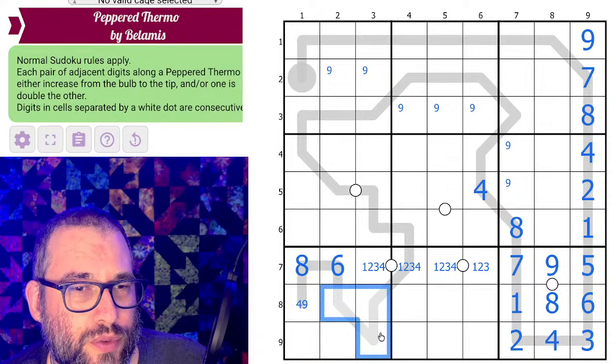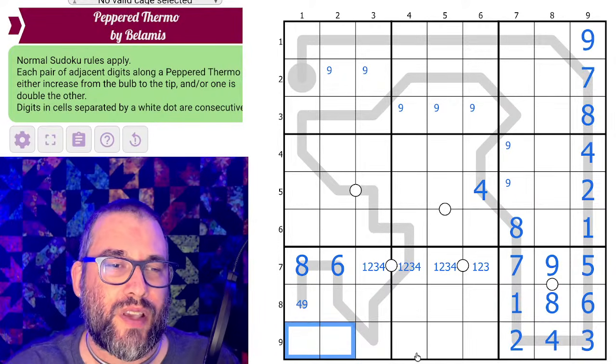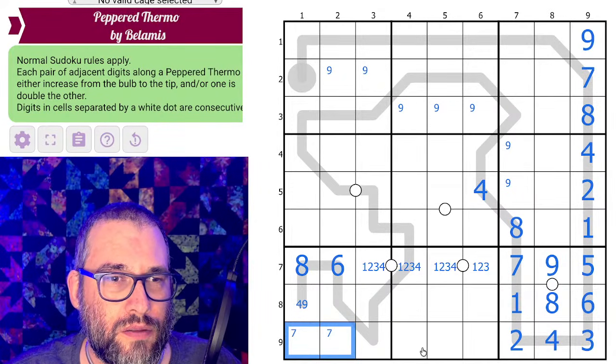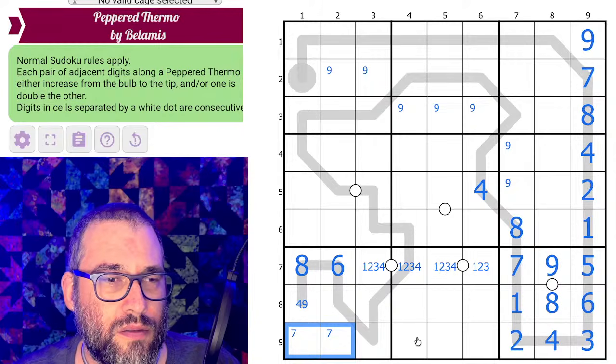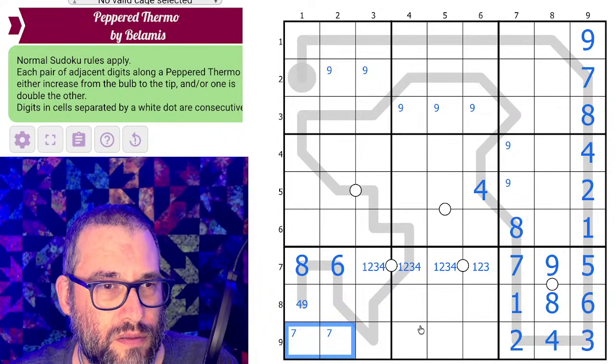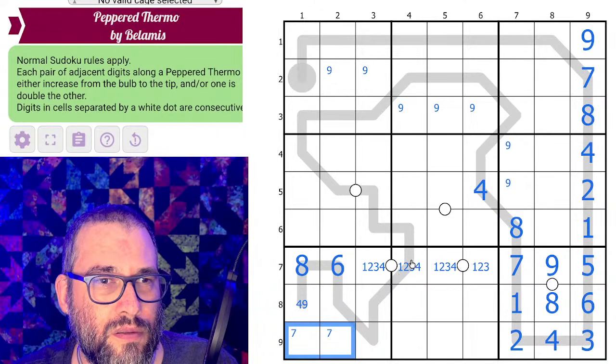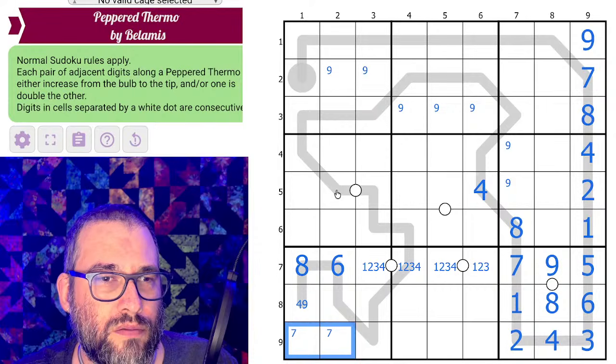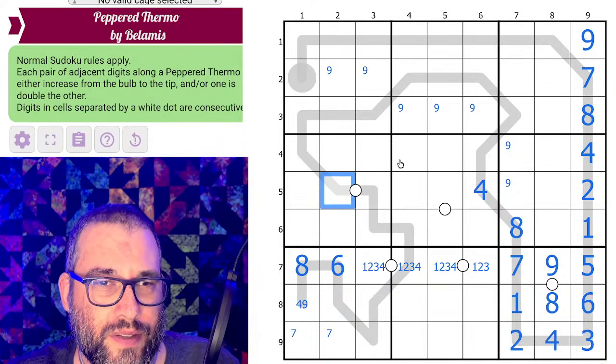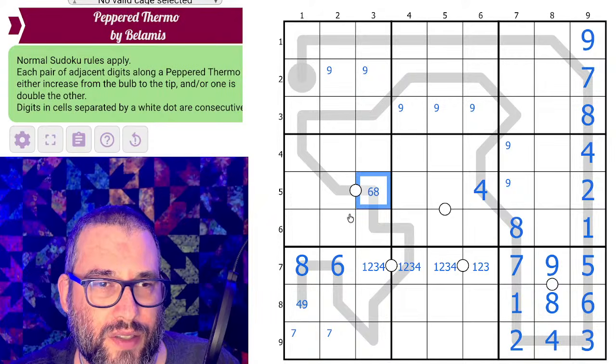It's true. 7 can't be on the line, so 7 is down here. Yeah, this is 6 or 8. This is 5 or 7.